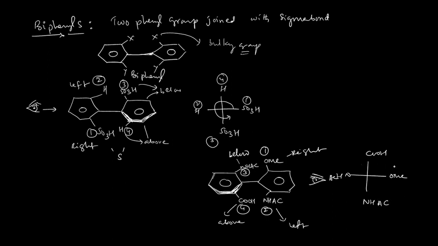It is 1, it is 2, it is 3, it is 4. Now, forget about the fourth priority group. Look at the other three, 1, 2, 3.